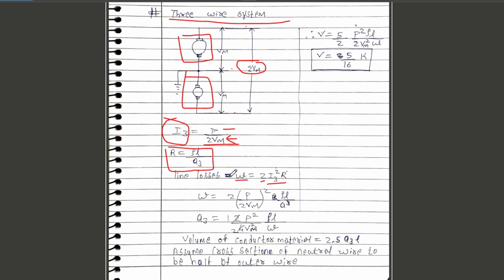Line losses are the losses in the transmission line which occur while transmitting, as when voltage is transmitted, it will generate some magnetic flux, and that flux we consider as a loss, and we consider this loss as a copper loss. The material used is copper, so we consider it a copper loss, that is twice of I square R. So line losses, denoted by omega, is twice of I square R for the 3-wire system.